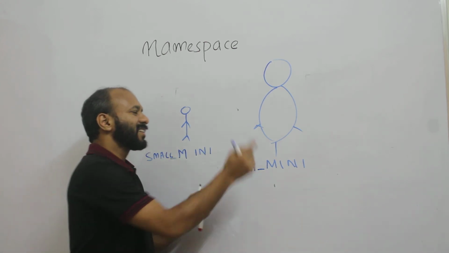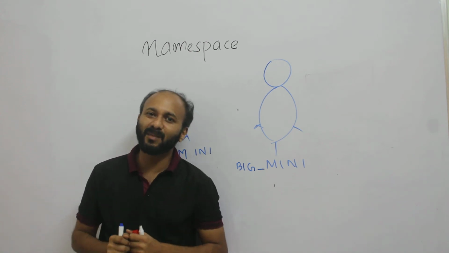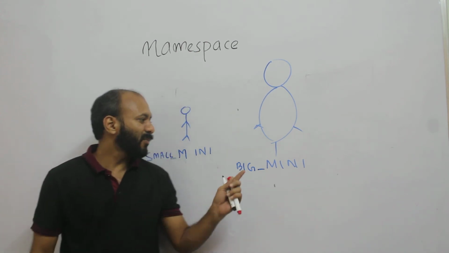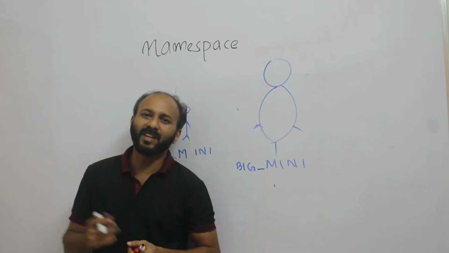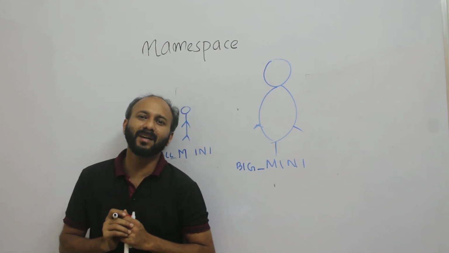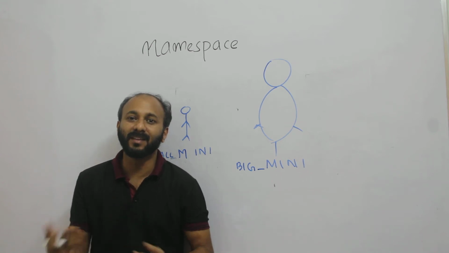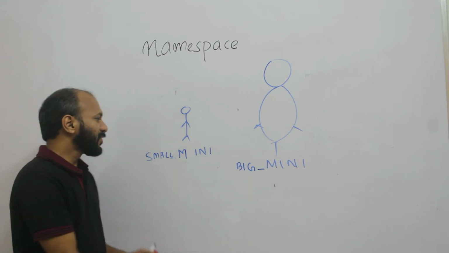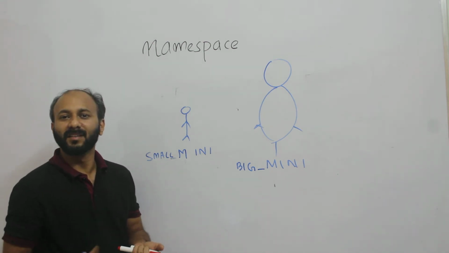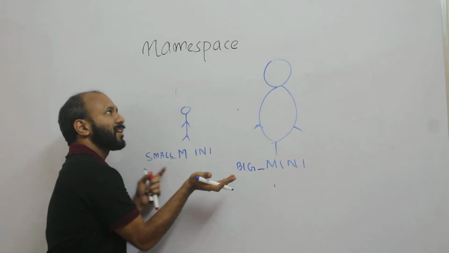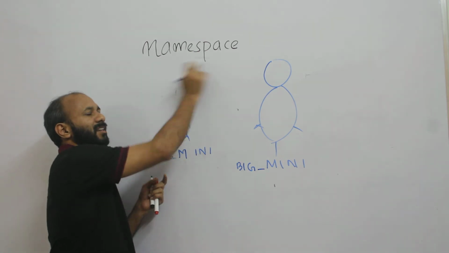We associate the variable name, function name, or structure name with some other name to avoid the name clash. Whenever I want to speak with the bigger Mini, I call big Mini, and there is no confusion at all. Whenever I want to call the small Mini, I call small Mini, and there is no confusion. This concept is implemented inside the namespace.